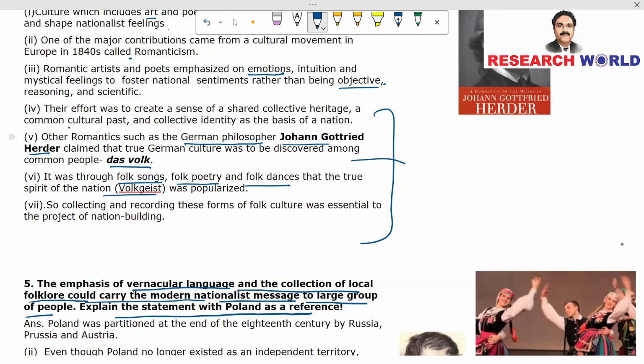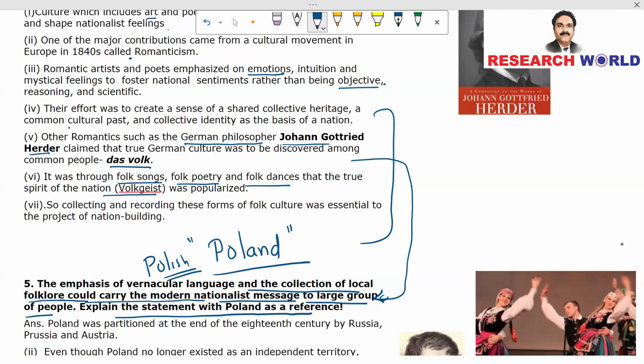Now, this question is an extension of the previous one, wherein they are asking to cite one of the European countries, Poland. How in Poland this idea of folklore and the emphasis on local language, vernacular language, in this case, Polish language, helped to spread the sentiments of nationalism among the local people, that is, thus volk, to the large group of people, that is common men.